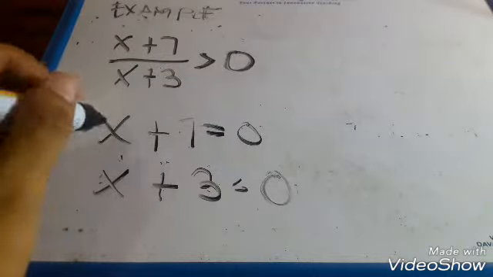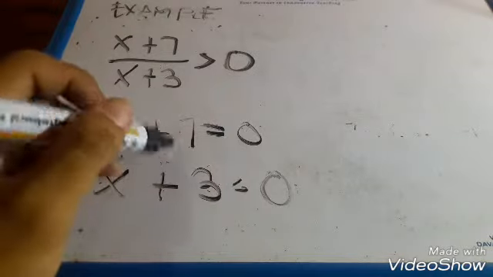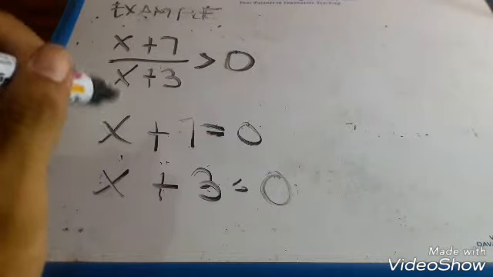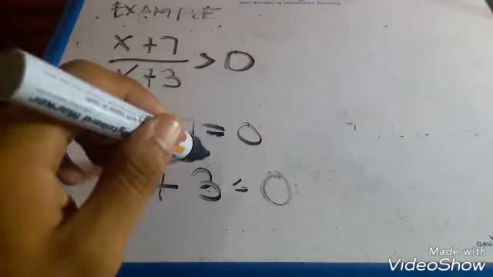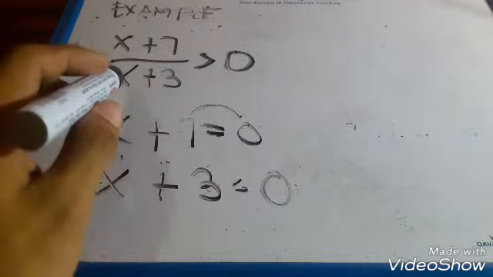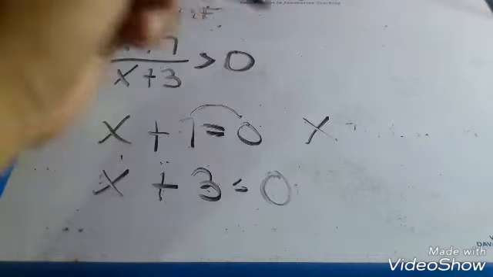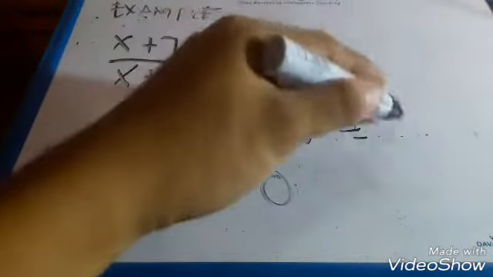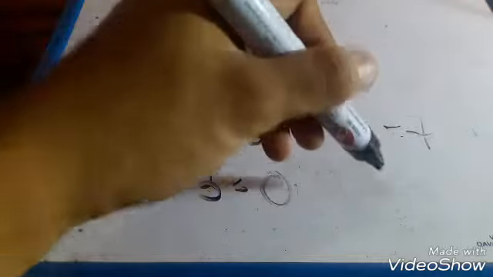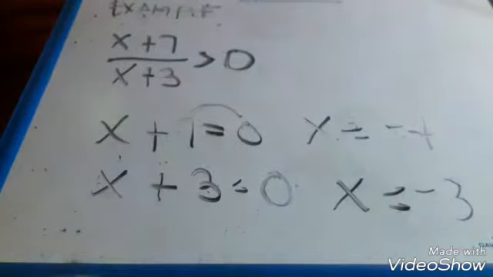The numerator is set equal to 0 and then the denominator is set equal to 0. So for x to have a value, we need to move the 7 to the other side, and now it will become x equals -7, and the denominator will become x equals -3.